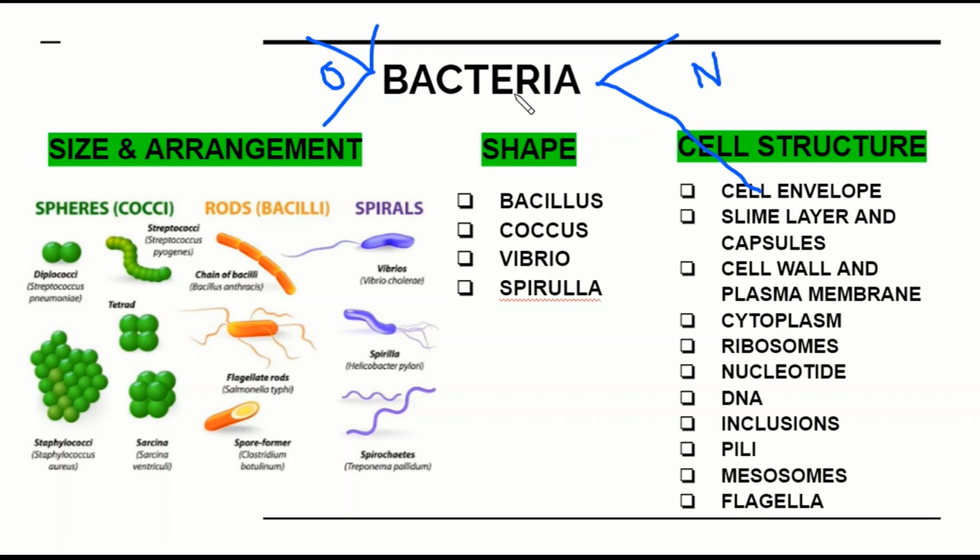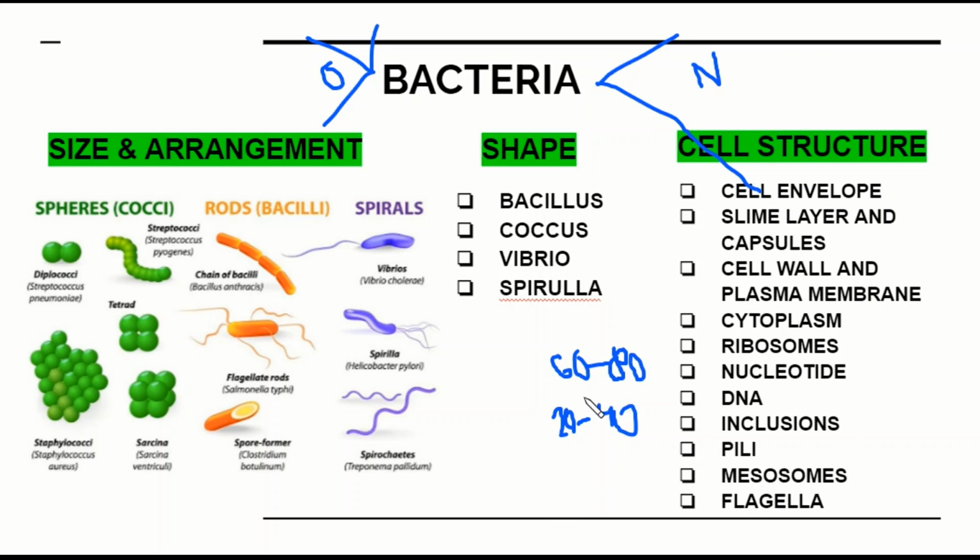Another classification of bacteria is on the basis of temperature requirements. According to temperature, these are 4. First is thermophiles, which need 60 to 80 degrees Celsius. Then we have mesophiles, which can survive in the 20 to 40 degrees Celsius range.